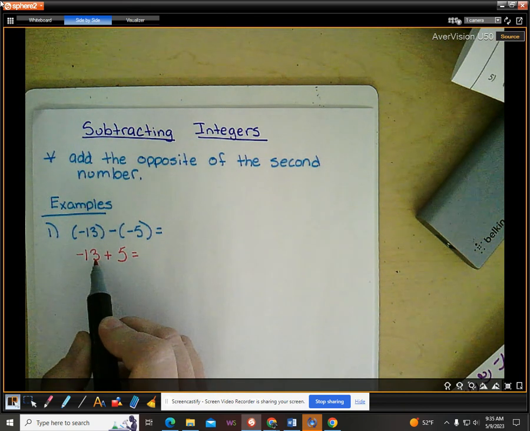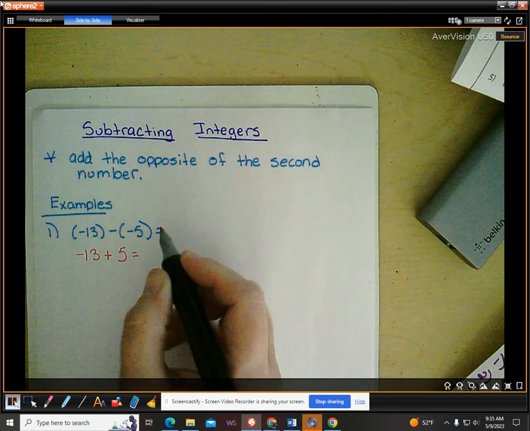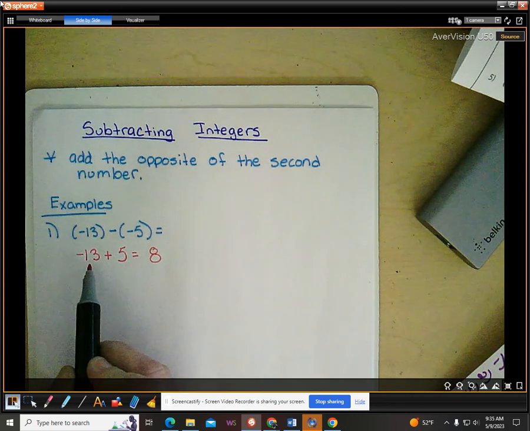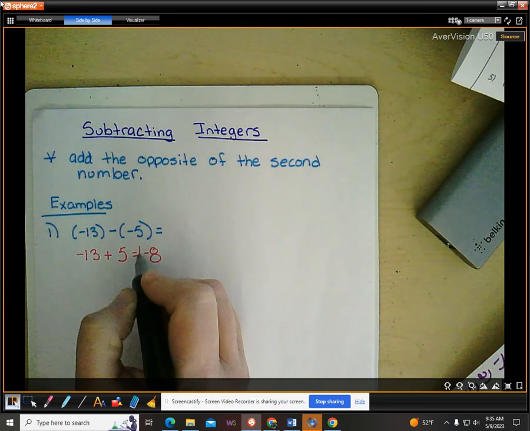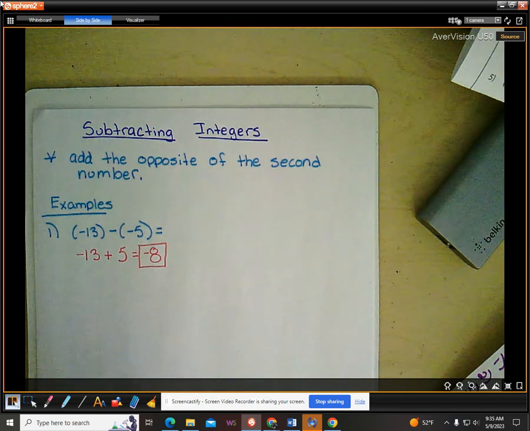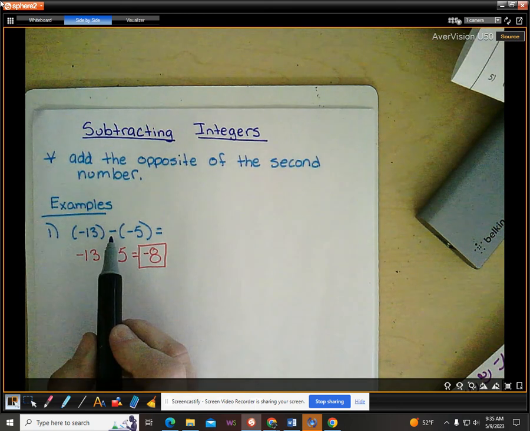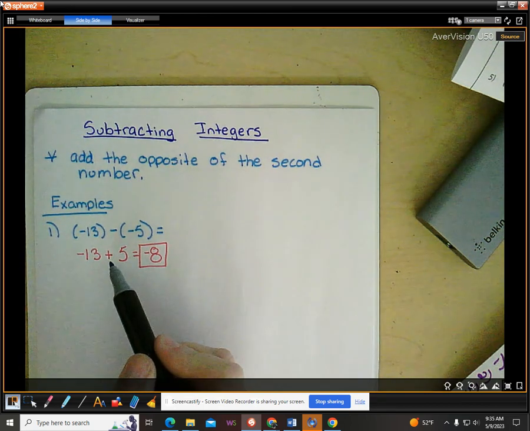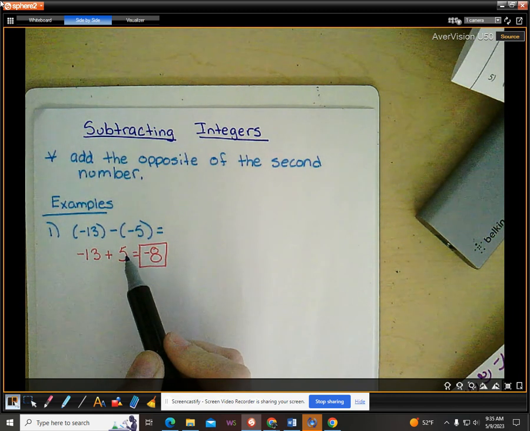So we would take 13 minus 5 and get 8. Since 13 has the bigger absolute value, our answer is going to be negative. Okay, so again, when you have a subtraction problem that involves one or more negative numbers, you have to rewrite the problem as the addition of the opposite of the second number.